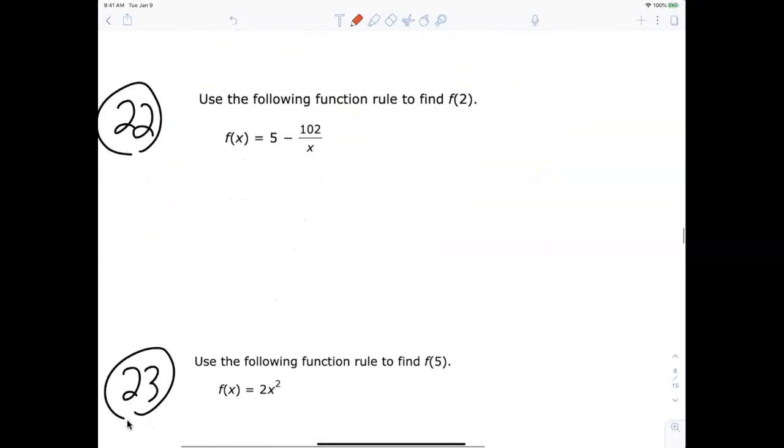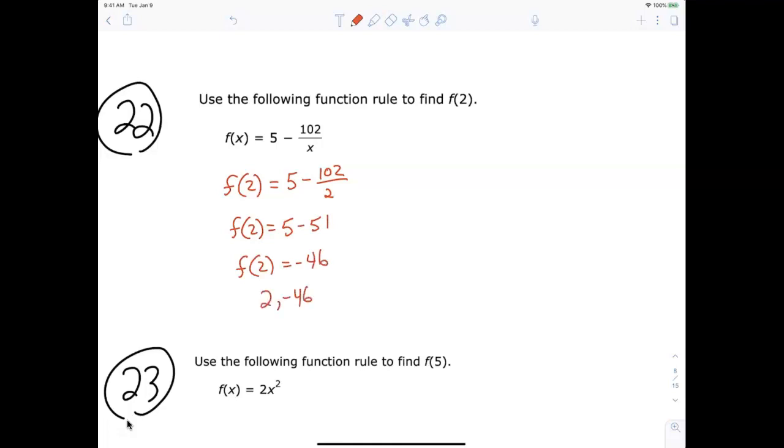Next problem, all we're doing is f of 2, and I'm showing you my work because I think it's important. We plug 2 in for x. So f of 2 is equal to 5 minus 51. So f of 2 is equal to negative 46. It's just a fancy way of saying (2, negative 46) is on the graph.